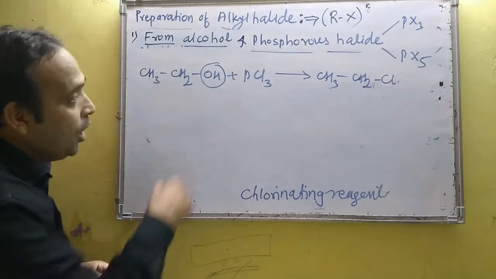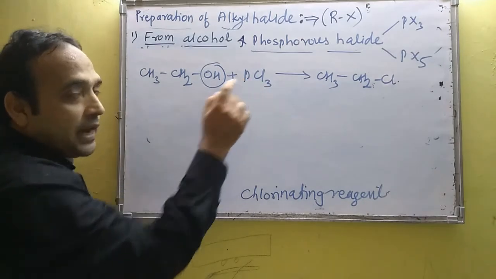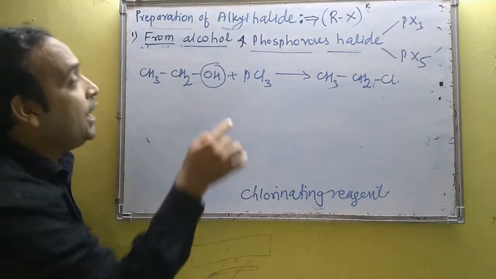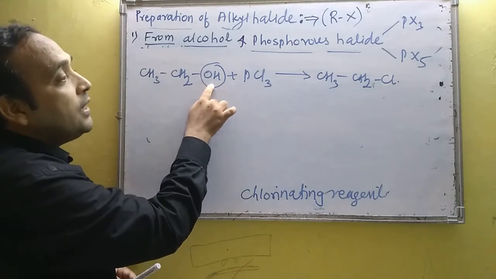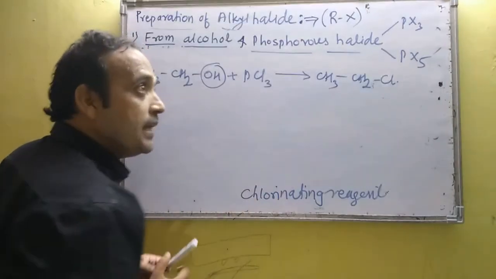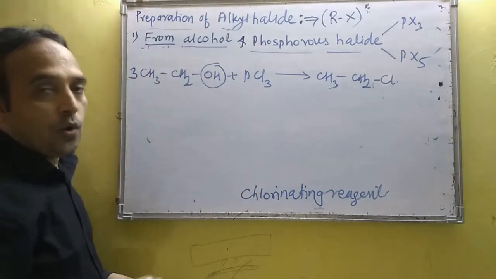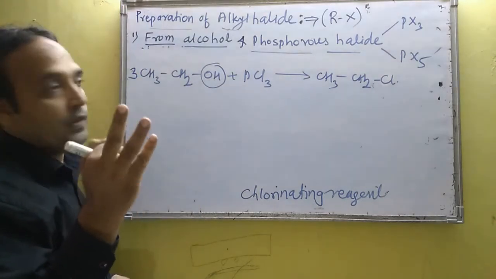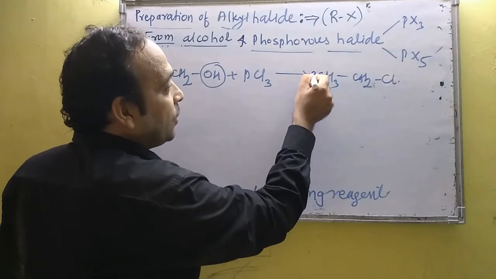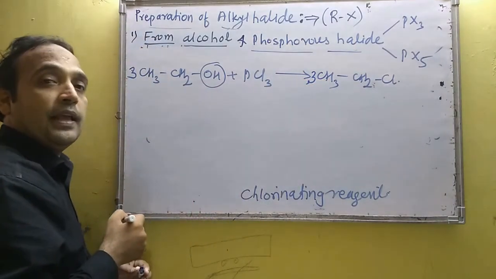Now here, how many Cl atoms are there? 3. One OH is replaced by one Cl. For balancing, how many alcohol molecules will we take? 3. Now my product will be 3 as well.